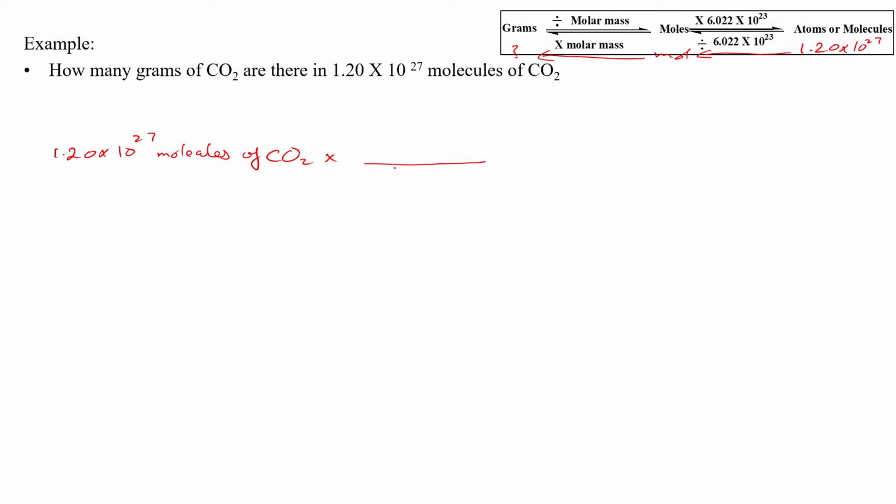So since this is molecules and we can only write molecules in the denominator to cancel, I will write moles at the top. So 1 mole of carbon dioxide is 6.022 times 10 to the 23 carbon dioxide molecules.